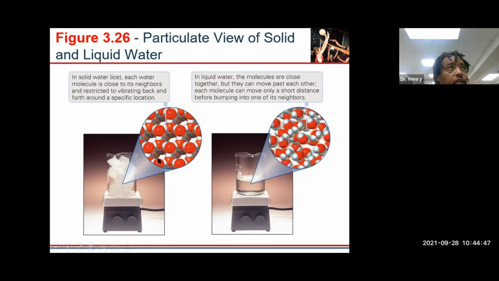So ice will be less dense than water, and hence it's going to float because you have those air pockets, not as compact. Where in the case of the water molecules, you don't have those air pockets, right? And so that space is being occupied by water molecules.